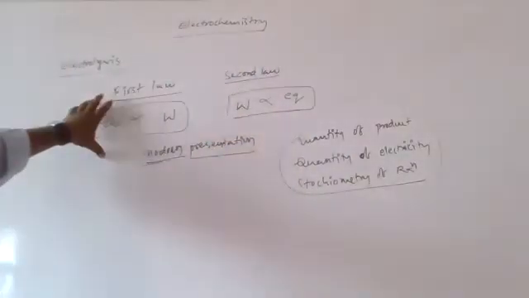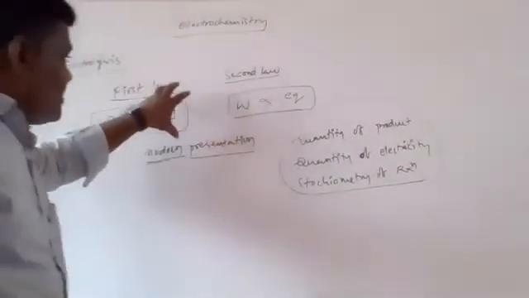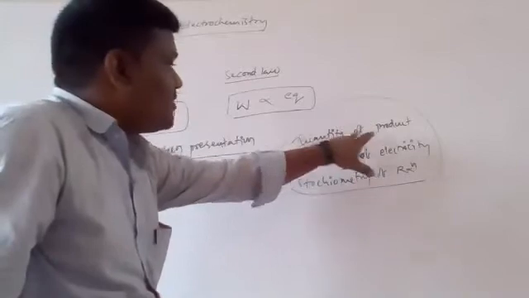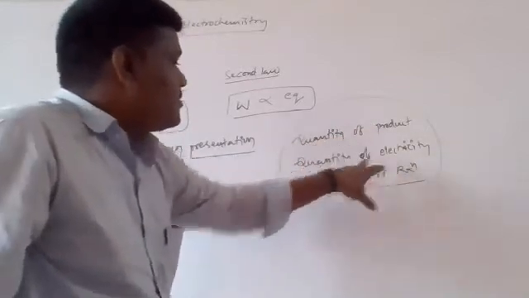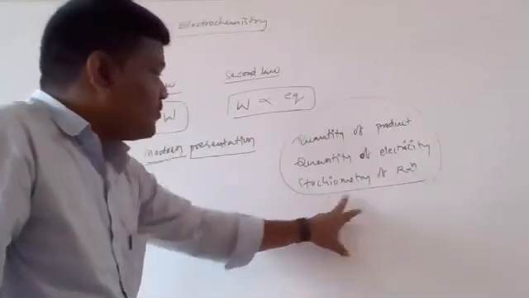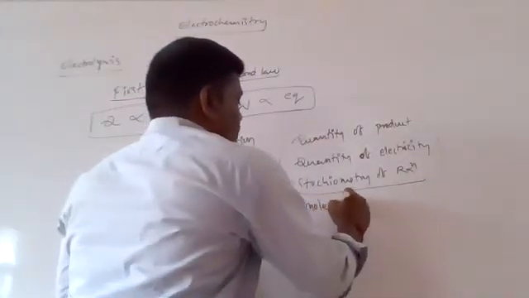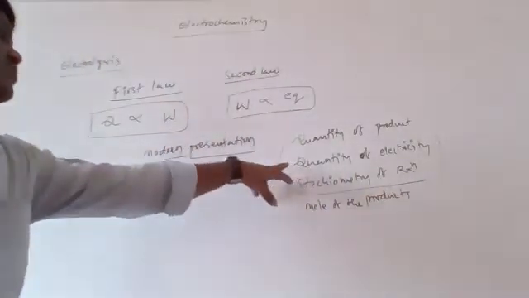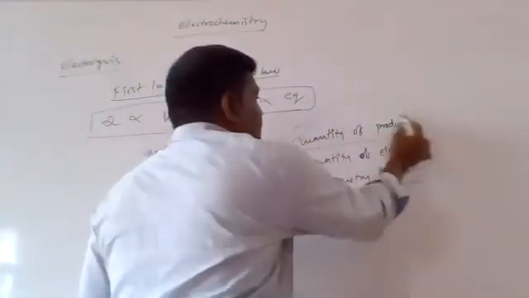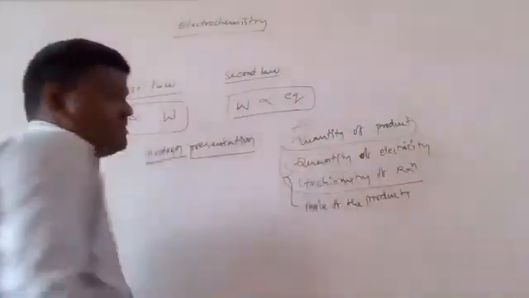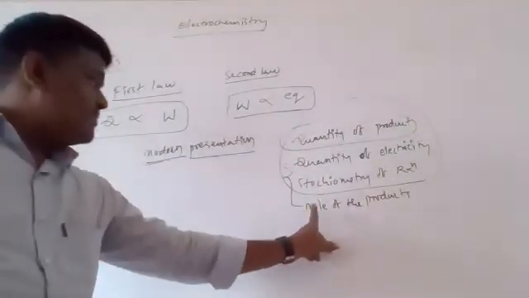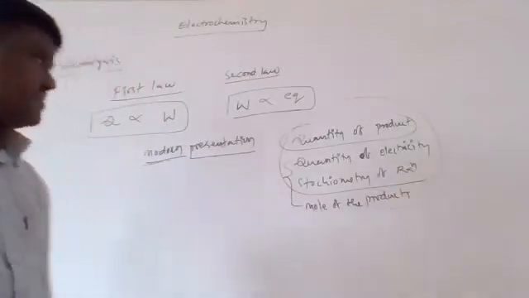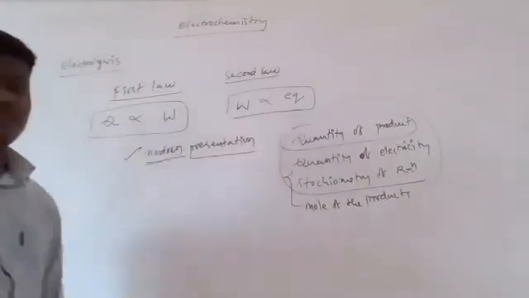So the product that forms at the electrode is related to the stoichiometry of the reaction, the moles of the product, and the quantity of electricity. Means the quantity of product is dependent on these three aspects: mole of the product, stoichiometry of the reaction, and quantity of electricity passed. That is the modern representation of Faraday's law.